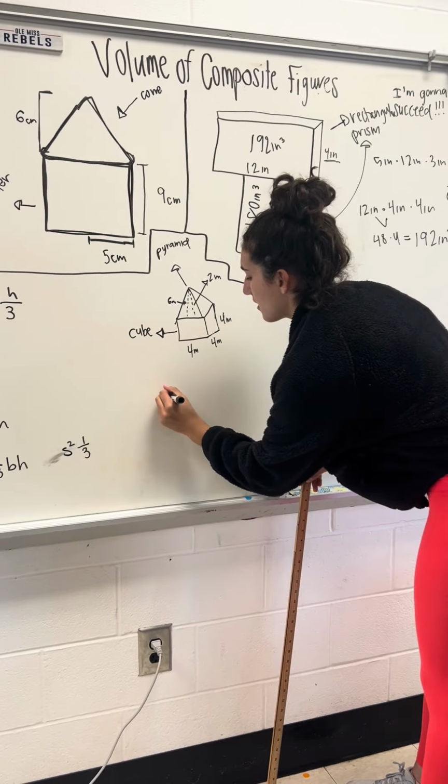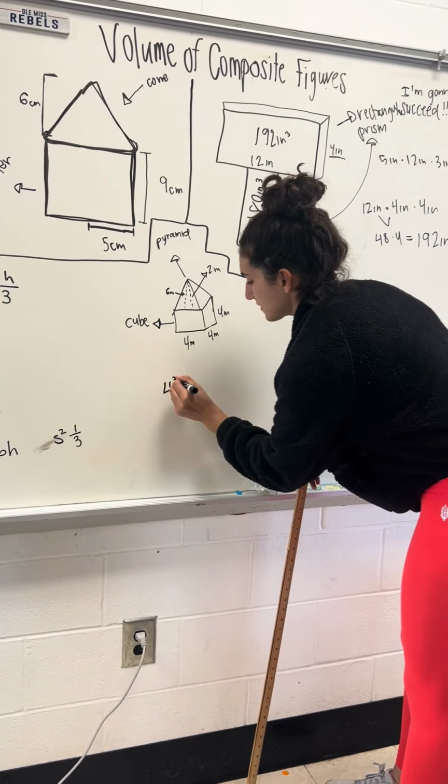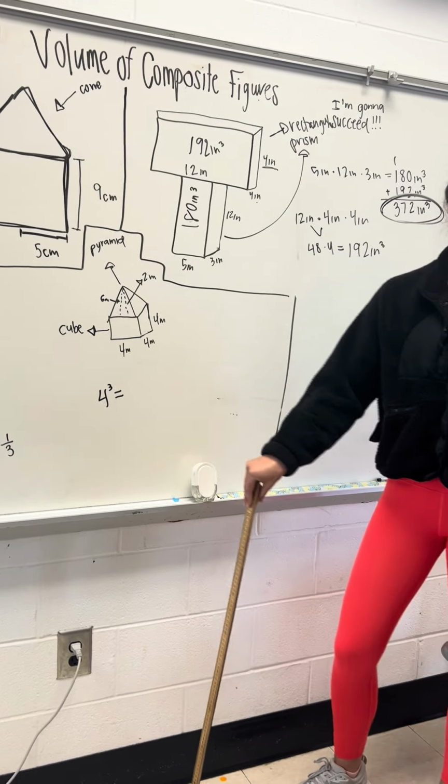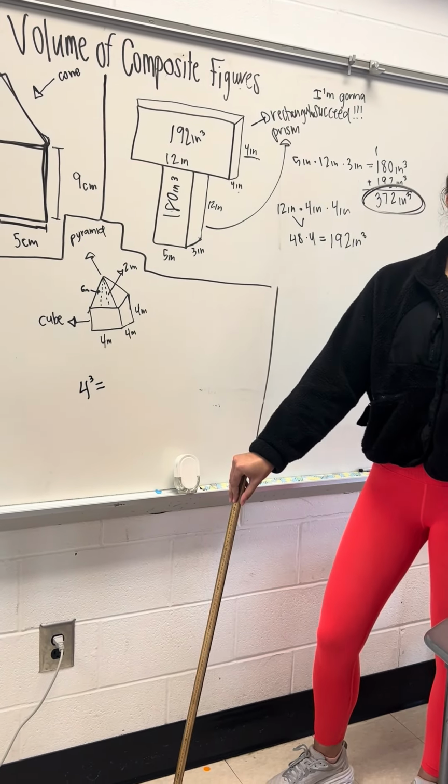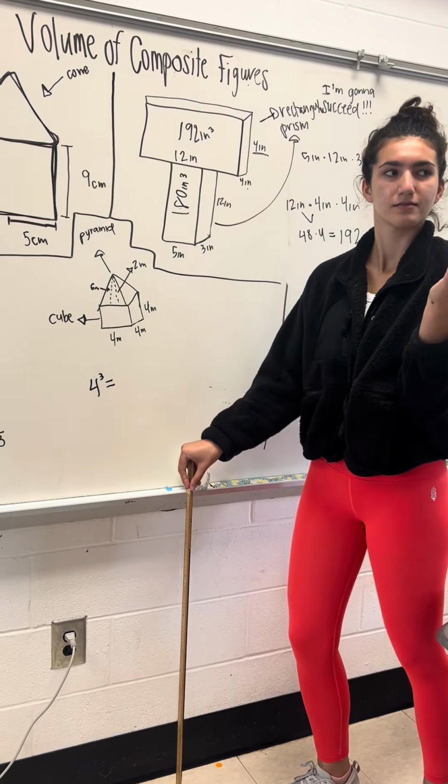So we just do 4 cubed, which equals 4 times 4 is 16, 16 times 4 is 64 inches cubed. So that is the volume of our cube on the bottom.